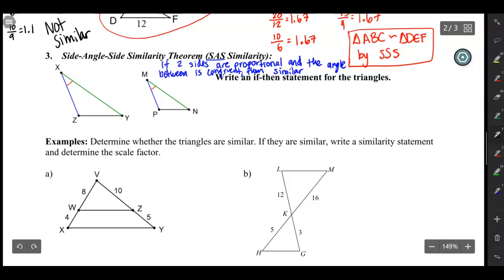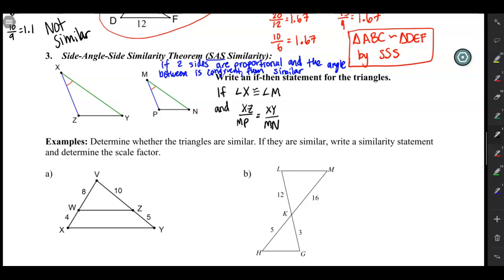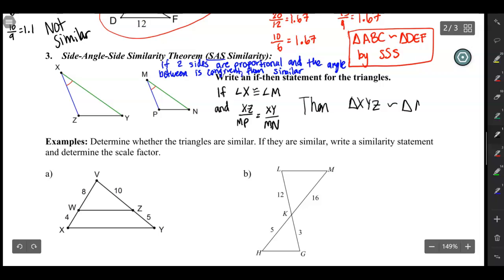What that means is that we know that angle X is congruent to angle M. So if I know that those are congruent, and if I know that the two sides that are next to that angle, so XZ over MP is equal to XY over MN, if those two pairs of side lengths are proportional, then triangle XYZ is similar to triangle MNP.